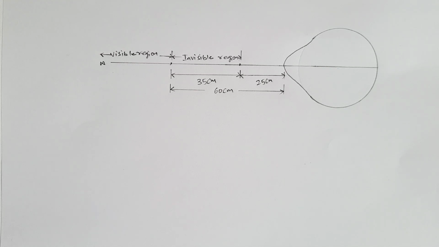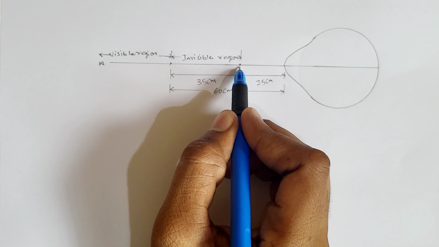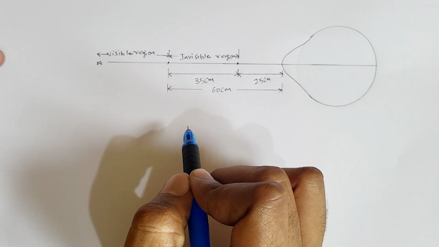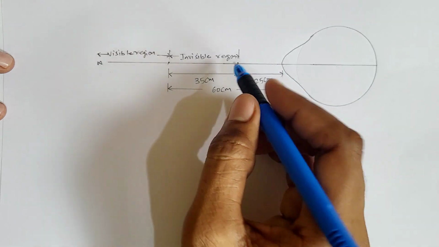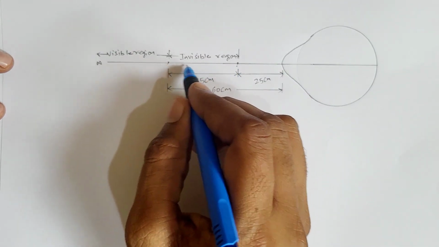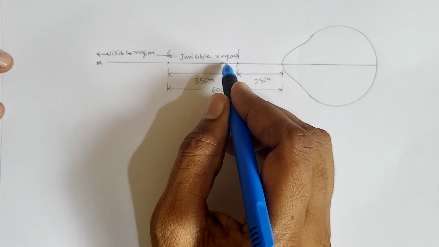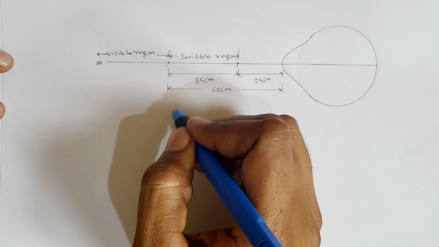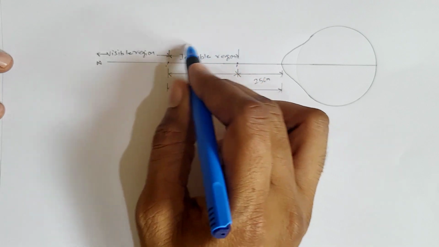Okay? And one more type of question will also be asked. The near point of a human eye receded to 20 centimeters or 30 centimeters, means the near point is here. If the near point is here, he will be able to see these things also clearly. But the near point shifted from here to here. So what happens now? He is unable to see things clearly here.